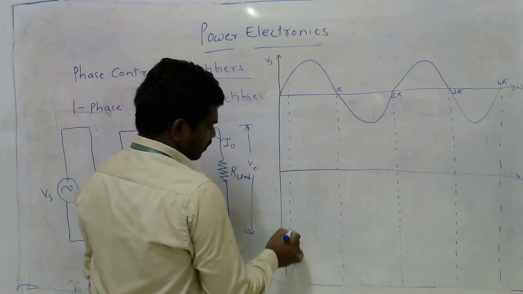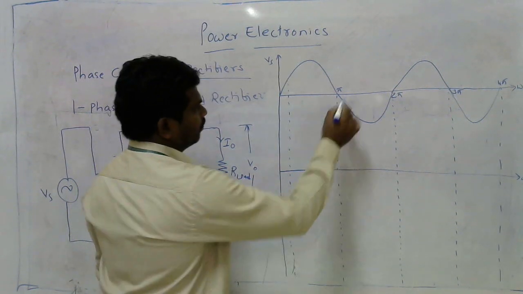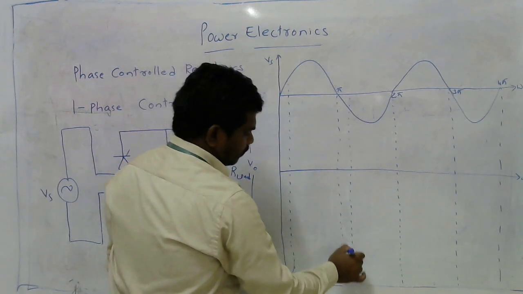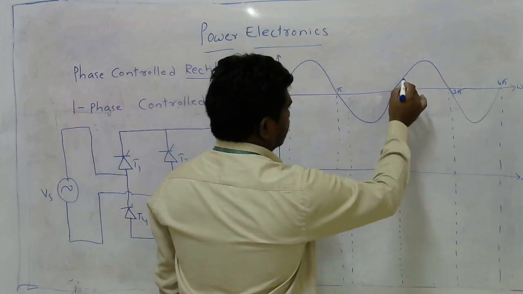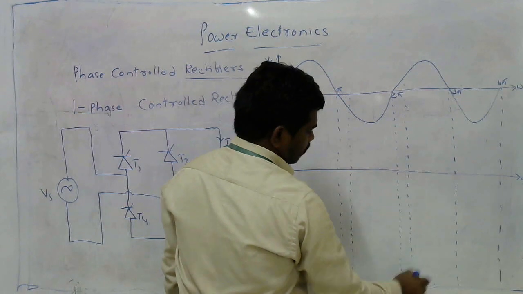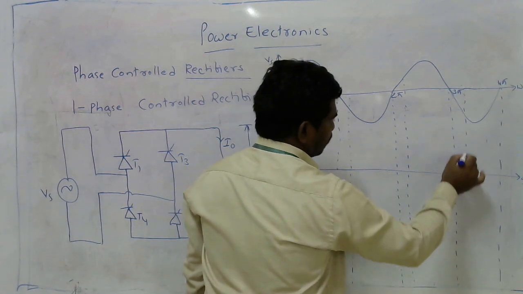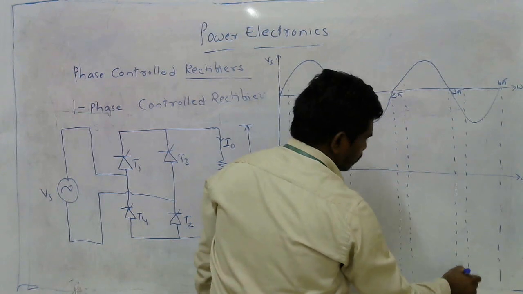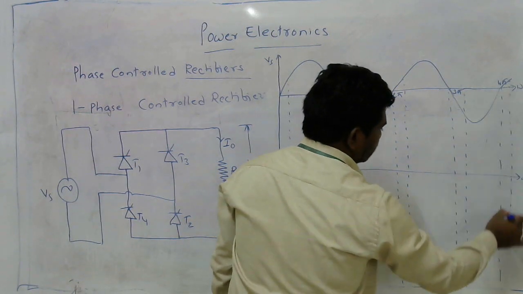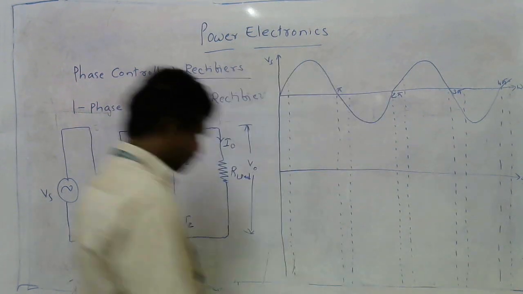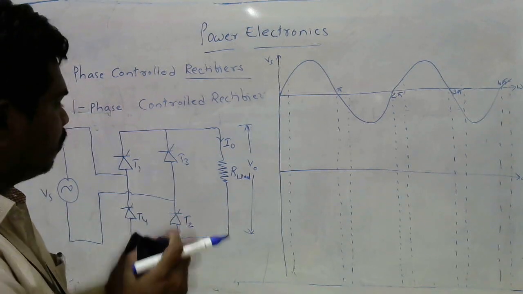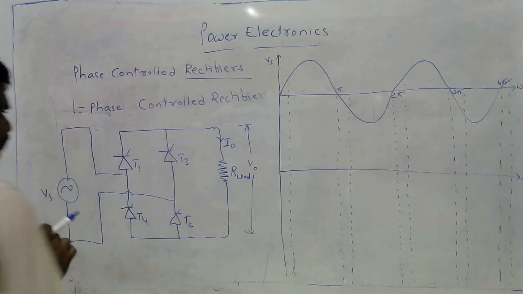This alpha decides the conduction of every thyristor. This is also an alpha line, this is also an alpha line, and I get one more alpha for the next cycle. So you have to draw all these lines and go for the operation. How does it work?